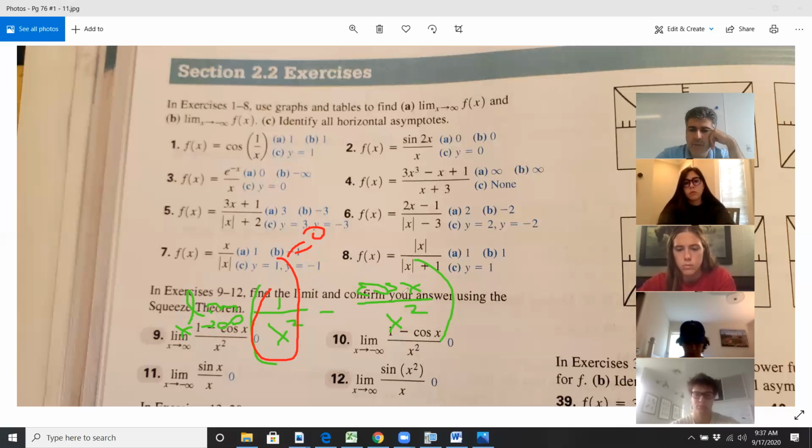This is the one that's a little weird. Cosine x is what's causing things to be a bit strange, because cosine x goes up and down a lot. Can't just graph.